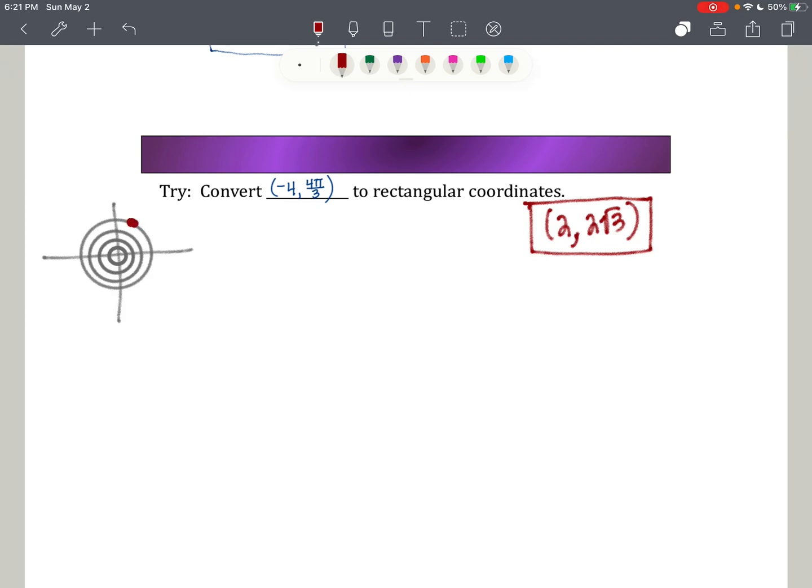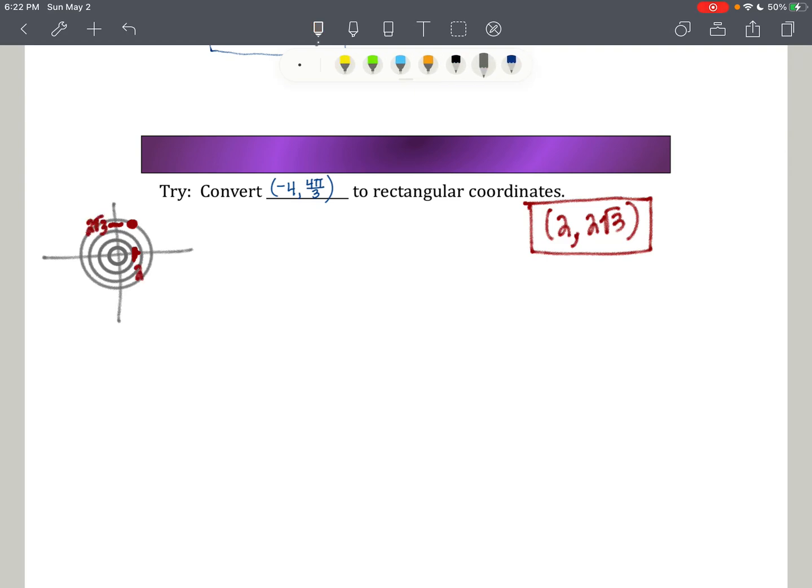So somewhere right around here. So right 2, and then up 2 times the square root of 3. Square root of 3 is about 1.7, so about 3.4-ish. And look at that. There's our point. It just about works. 2, and then this would be about 2 square root of 3.